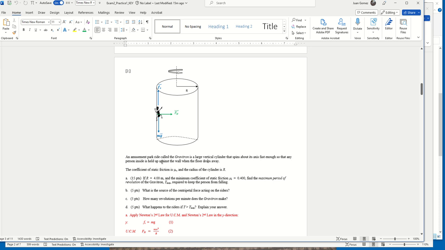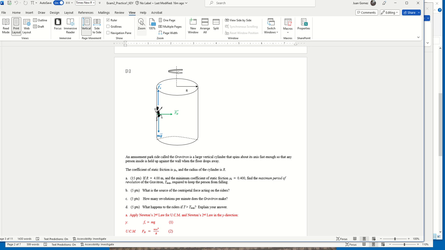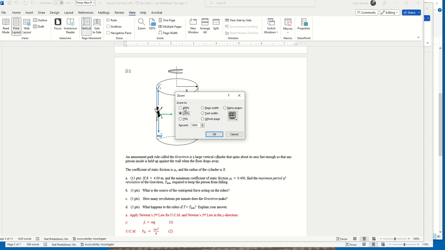Now remember, the person is held up against the wall of the Gravitron, meaning the person is in contact with the wall. Well, the wall of the Gravitron must exert a normal force on the person, indicated by my Fn. Clearly that green vector, if we zoom in, representing Fn, I've taken great care.